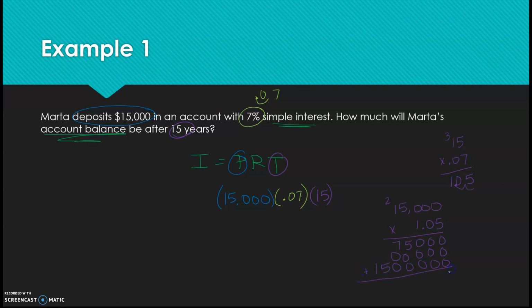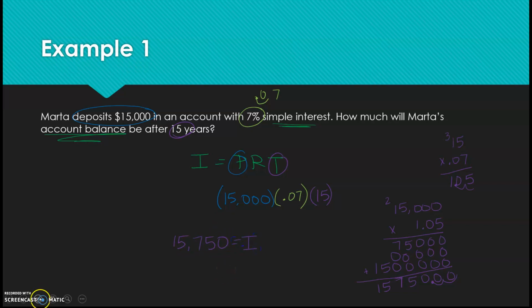Add them up. 1, 2, 3, 5, 7, 5, 1. And there's 2 numbers to the right of the decimal. So I have $15,750. So that is going to be my interest.